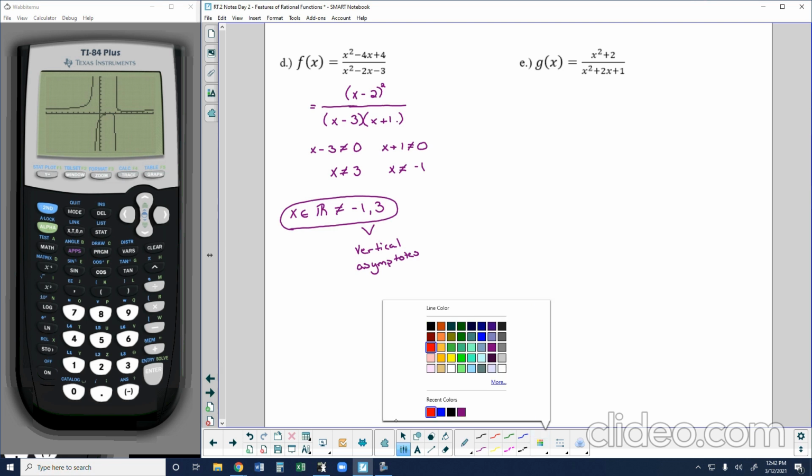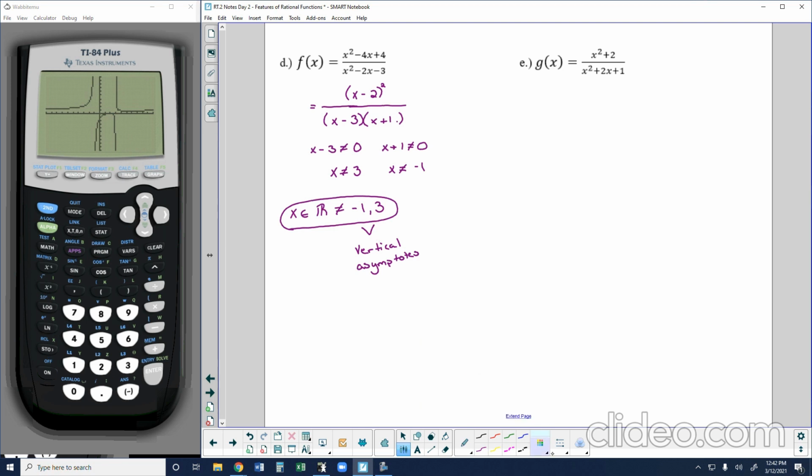Now let's go ahead and take a look at 2e. In this case, we want to factor if we can, identifying any zeros of the numerator and zeros of the denominator. Our numerator cannot be factored, at least not using real numbers, and that's all we're working with right now because we're thinking about these on the graph.